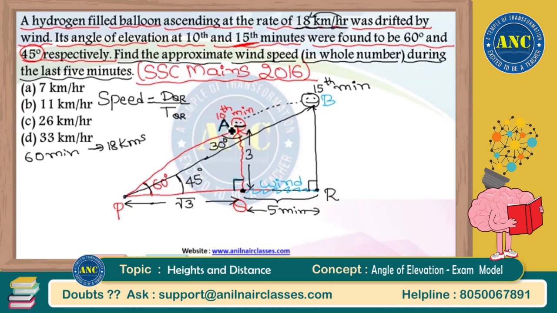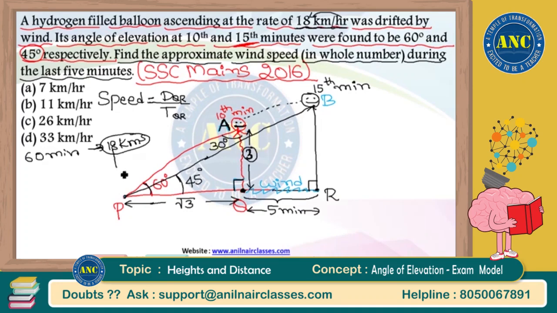If the time taken from Q to A is 60 minutes, it will travel 18 kilometers. But the distance traveled from Q to A is not 18 kilometers, it is only 3 kilometers. From Q to A, the distance traveled is 3 kilometers.